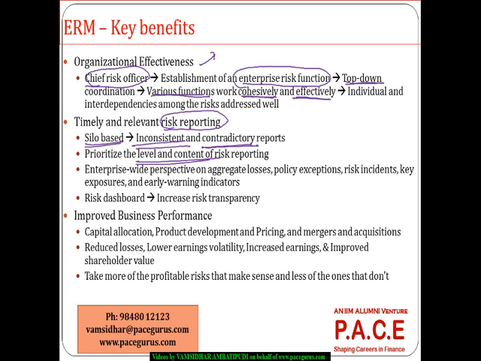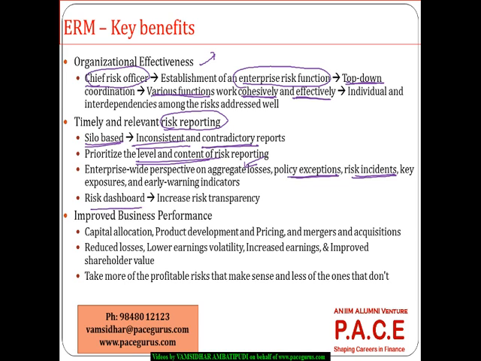An enterprise wide perspective can come out in terms of aggregating the losses, whether any portfolio diversification benefits are there, exceptions, anything existing, risk incidents, not at project level but organization level, what the key exposures are. All these things can be identified and reported at an enterprise level, not at a silo business unit level.